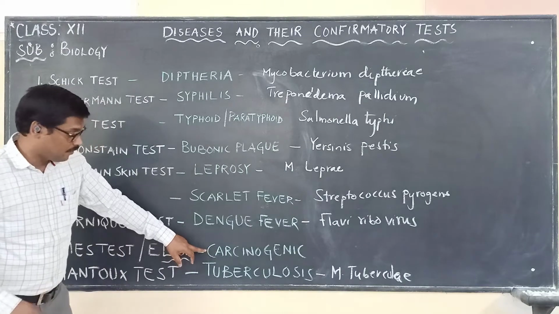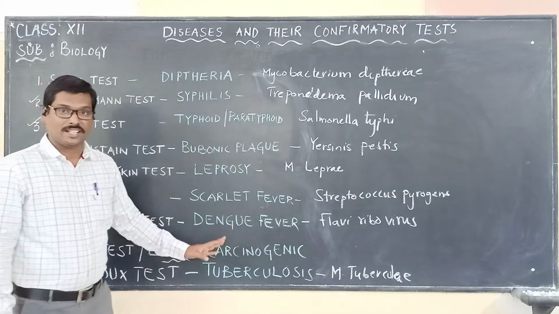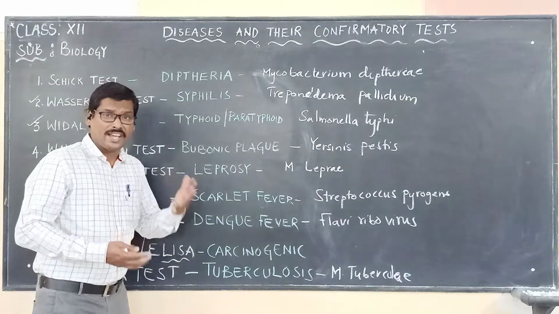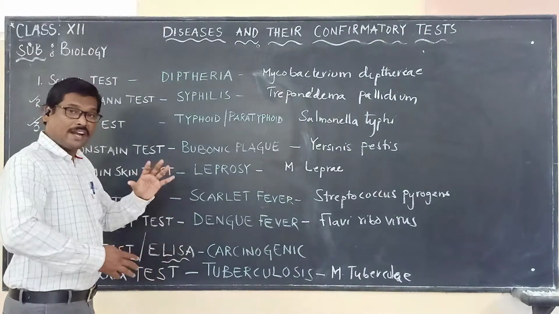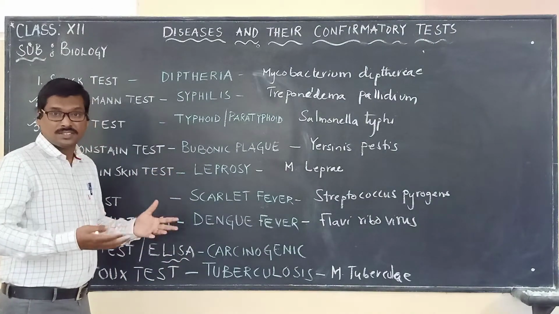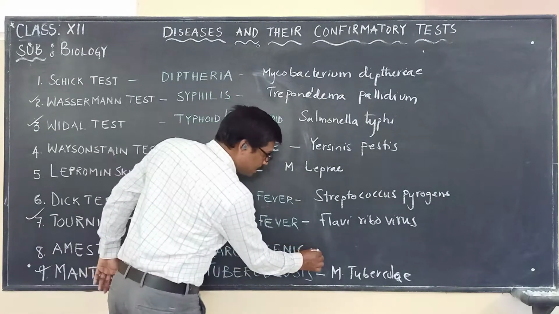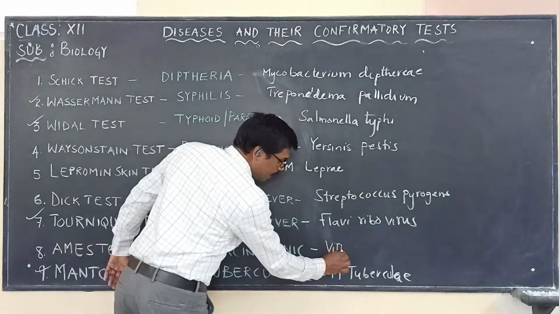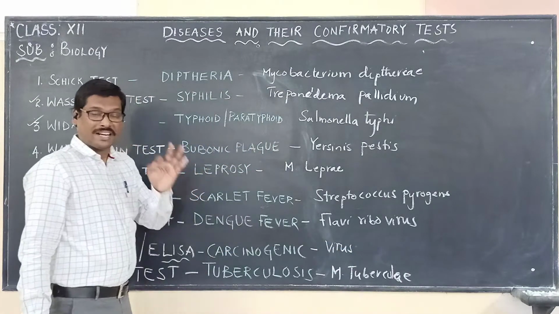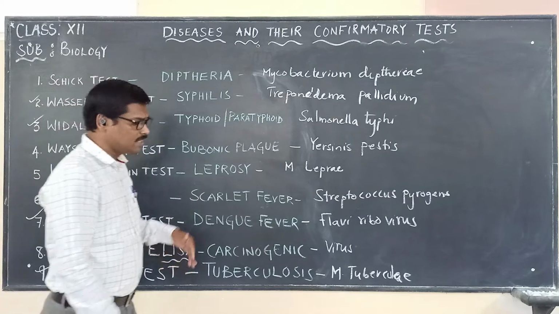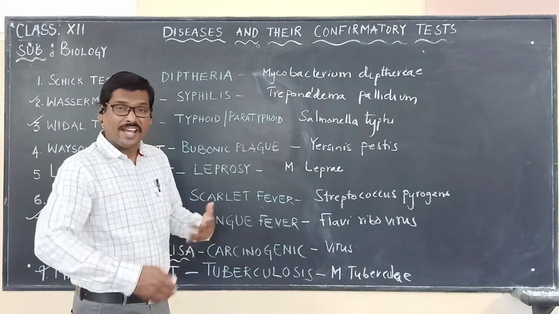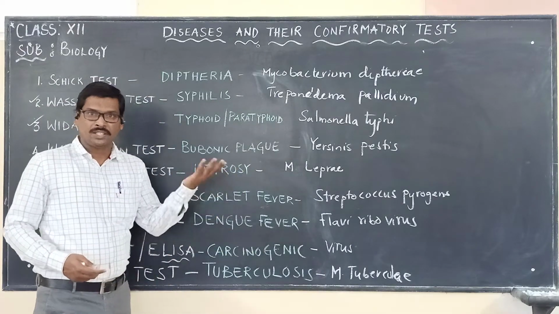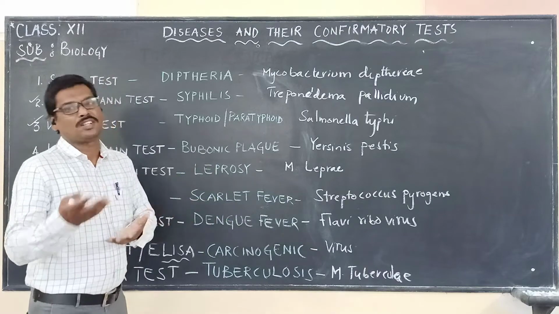And here we have written a word called carcinogenic. Carcinogenic means the agents that cause cancer and are responsible for causing it. Please remember, there are some viruses and other agents, such as smoking and chewing tobacco, that can cause cancer.